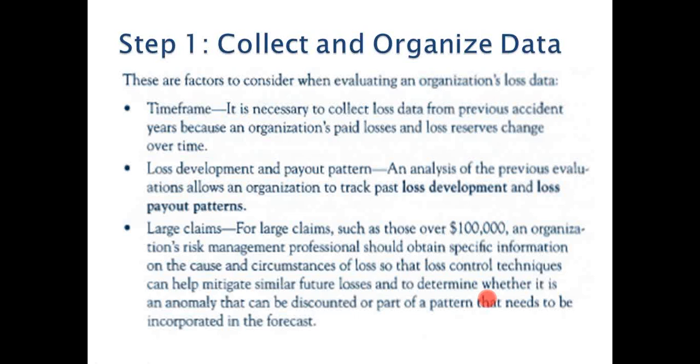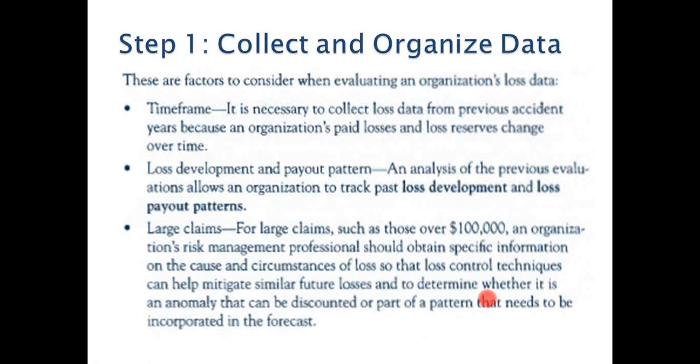You also have to keep in mind what's called loss development and payout pattern. That's an analysis of the previous evaluation to track past loss development and loss payout patterns. An example is a work comp claim will probably take 6 to 7 years, if it's a large claim, from start to finish to close out. The loss development is how quickly the claim increases from what we predict it to be.